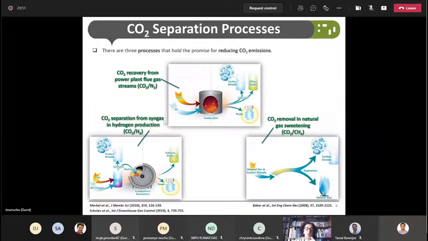Then there is CO2 separation from syngas in hydrogen production, which also means biohydrogen at mild conditions. And then there is natural gas sweetening, where the gas pair to separate is CO2/CH4. We will not talk about this one here today.